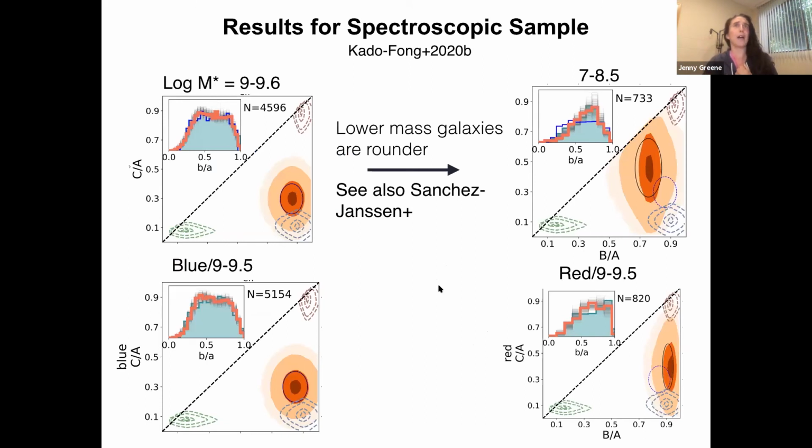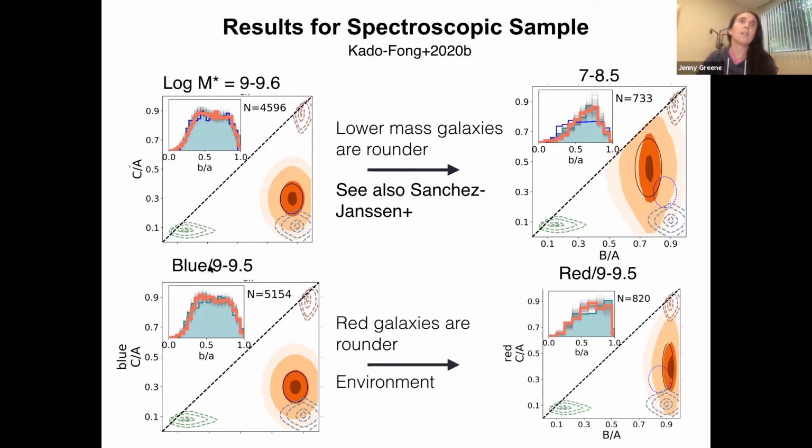She also found that as you go to lower masses, the galaxies get puffier. Again, she's not the only person to see this, but sees it very clearly. And if you divide the higher mass sample into blue and red, she also finds that the red galaxies are rounder, while the blue ones are these thickened disks.